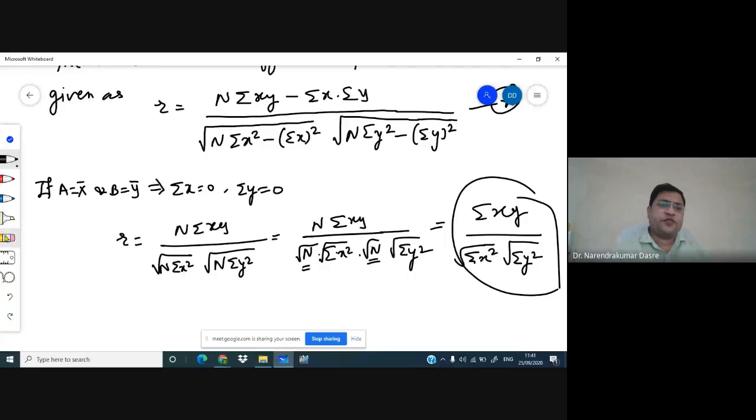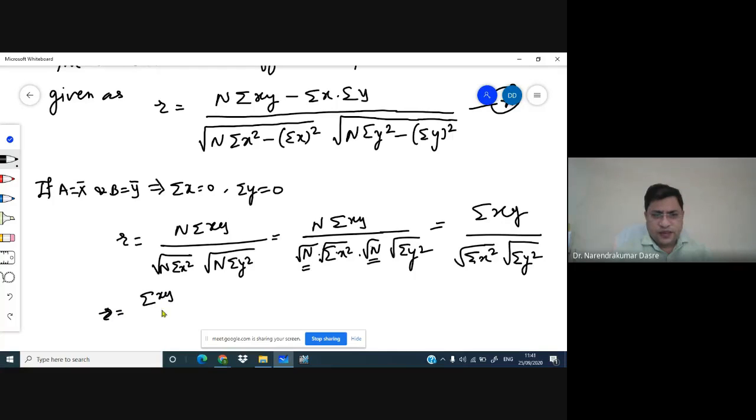This is the earlier formula that I have given to you. R is equal to summation x into y upon square root of summation x square into square root of summation y square. So you can see this formula and this formula are exactly the same with these conditions.